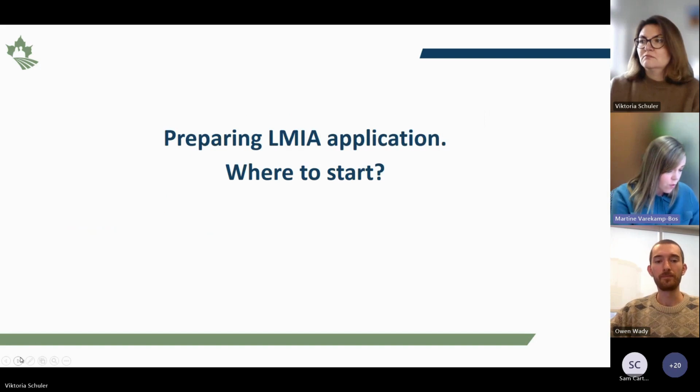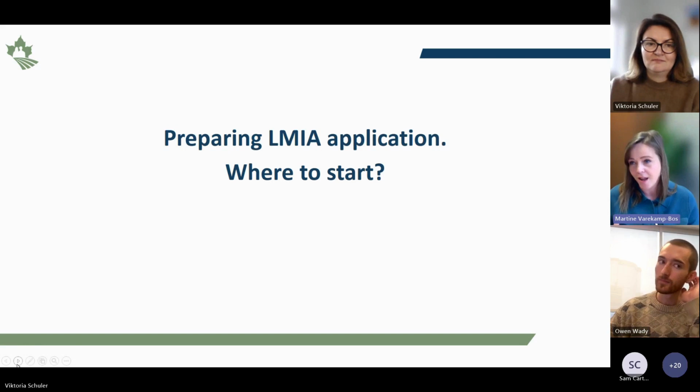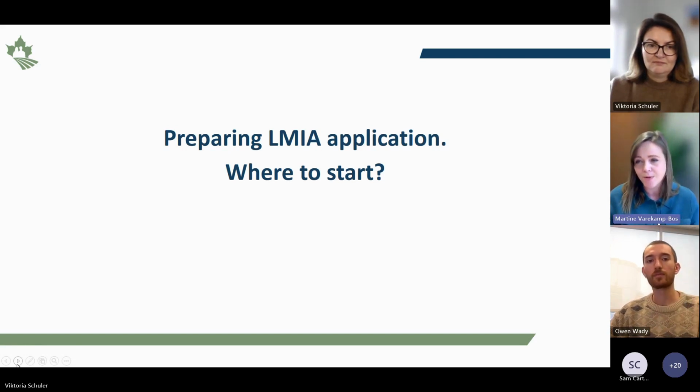I'll go into what I actually wanted to say before we get started on this. I always talk to employers about this: bringing in foreign workers, the LMIA is the main way to do it, but always keep in mind there are some LMIA exemptions that may apply to your situation.